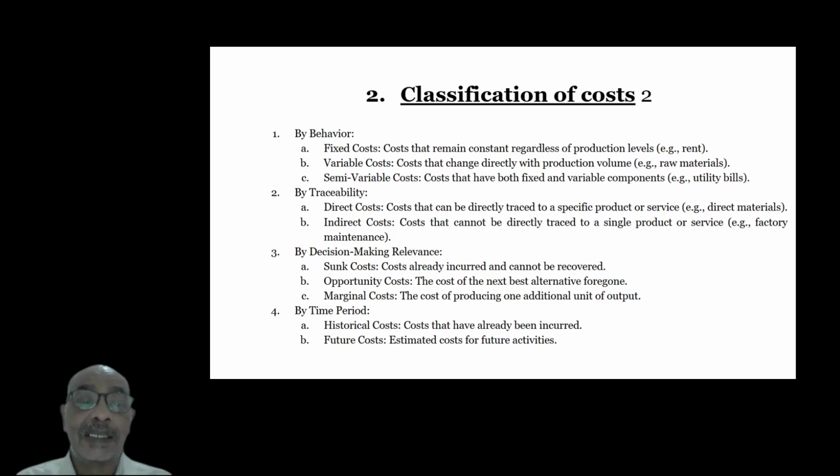By traceability, meaning tracking, by this category we classify our cost into two categories: direct cost and indirect cost. Direct costs are the costs that can be traced to a specific product or service. For example, direct material. You can find it in the product.